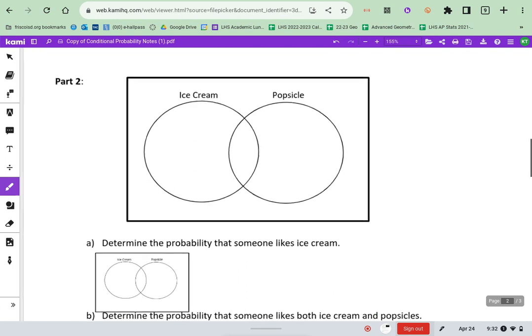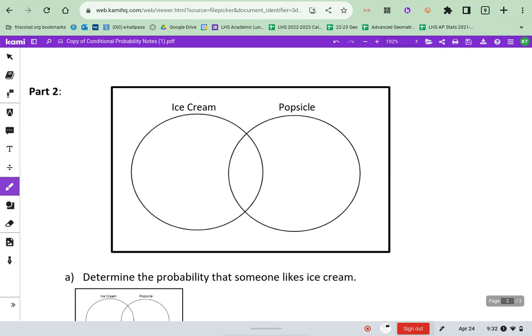Okay, so part 2. This is a Venn diagram. So we filled in some data in class with who likes just ice cream, who likes just popsicles, and who likes both. So I'll give you some data that we had. There were 2 people that liked both ice cream and popsicles. There were 3 people that just liked ice cream.